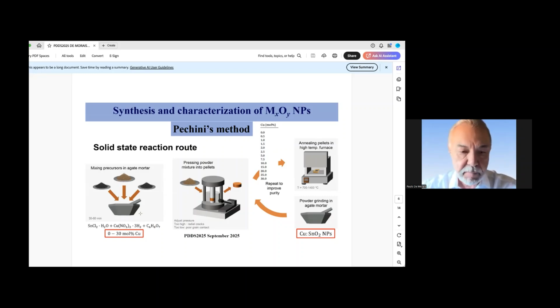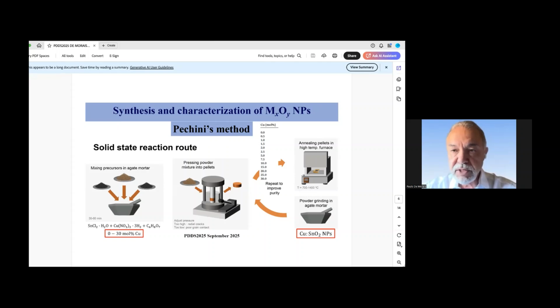It's very standard. We performed the synthesis of tin oxide doped with copper, and the copper doping went up to 30 mole percent. So we just mixed this, made pellets, and then we brought the pellets into the furnace, and we synthesized this in the typical temperature range from 700 to 1400 Celsius.